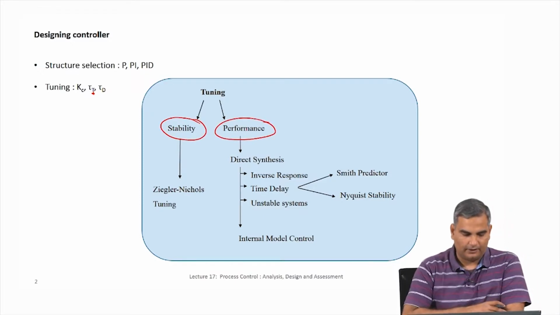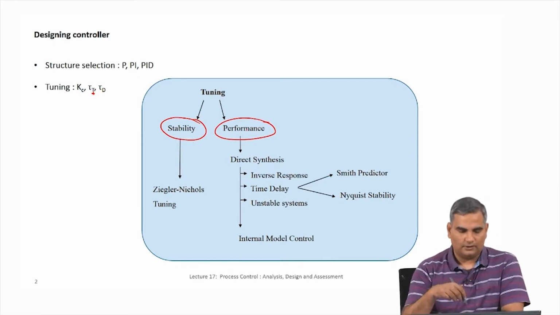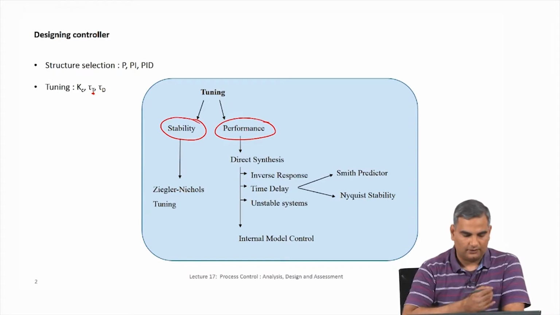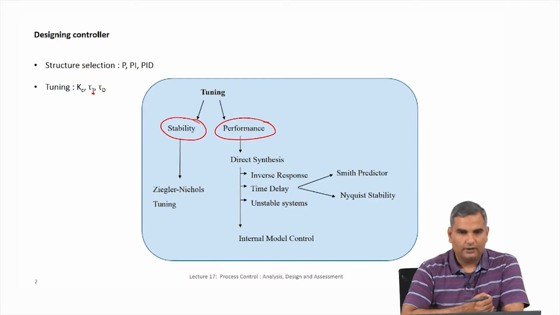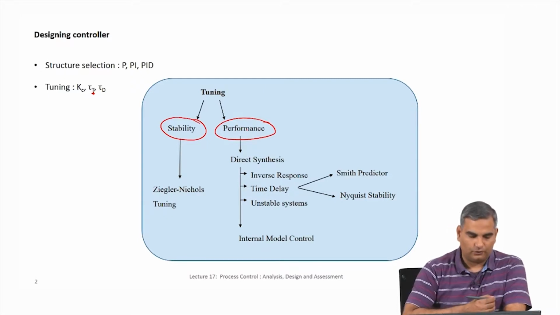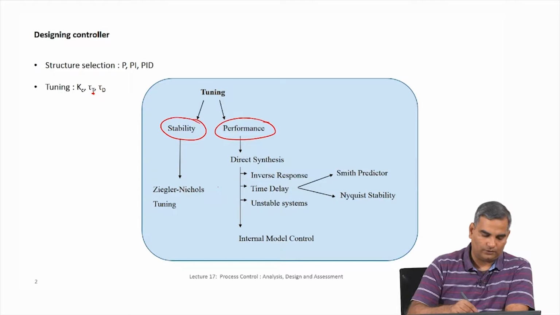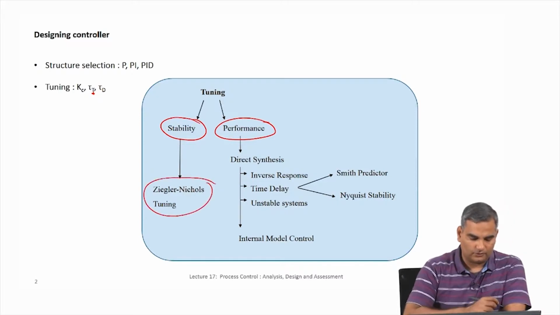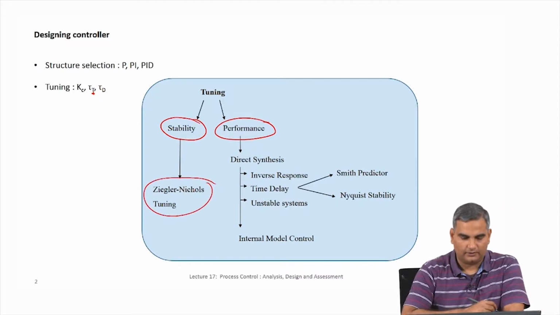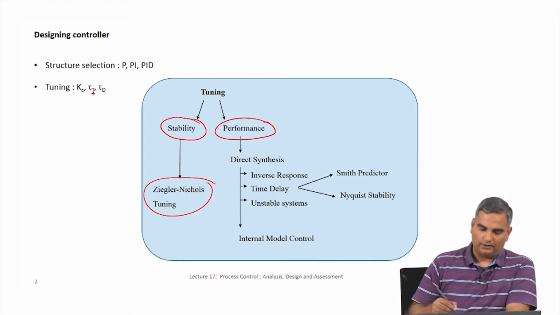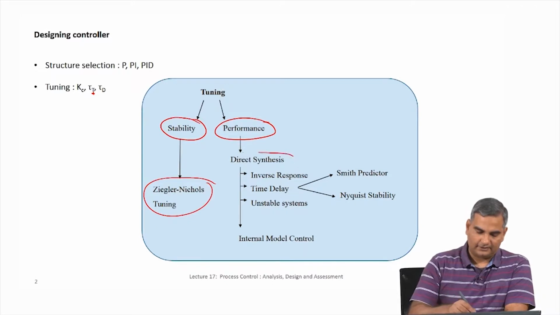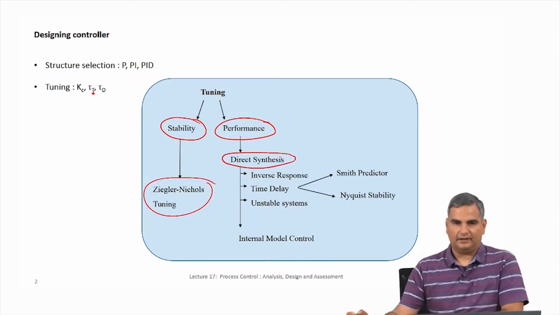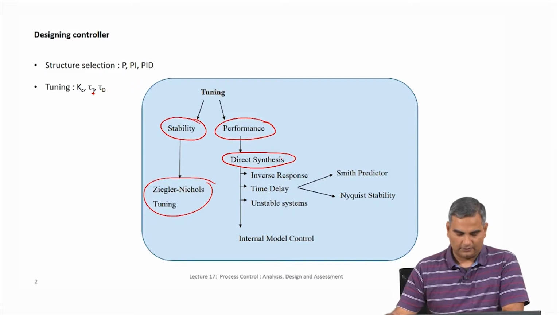I will explain what these two are in this lecture, and once you choose one of the two types of tuning strategies, then there is a procedure that you follow. A very popular way of tuning based on stability is what is called Ziegler-Nichols tuning, which I will explain in this lecture. The performance based controller tuning is also called, for example, direct synthesis, and this is a very interesting idea we will see as we go along in this course.